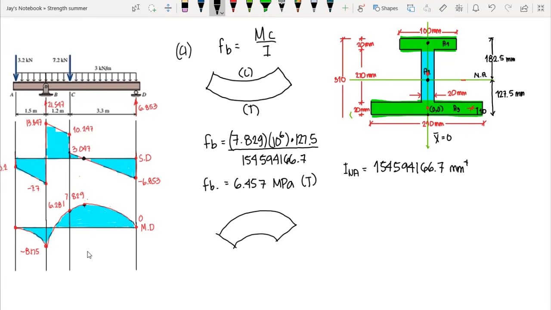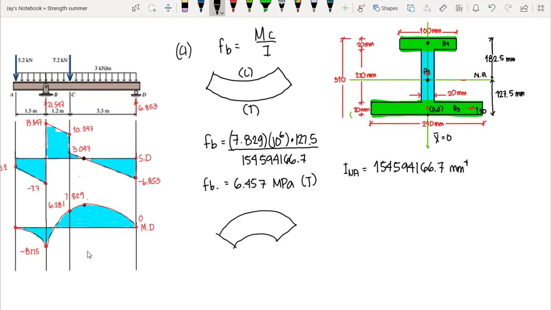If we have the same loadings, the same type of beam, but a rectangular cross-section, in that case we do not need to have two cases. We just need to get the maximum moment, and the maximum moment there is 8.175, and use this to compute both the maximum tensile and compressive bending stress. So we do not need two cases, just like what I did here.